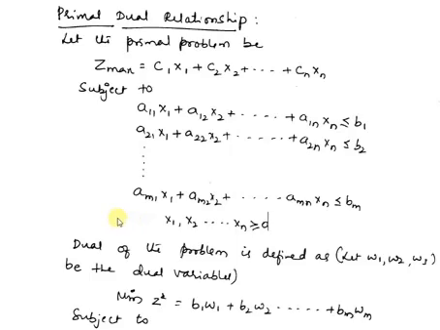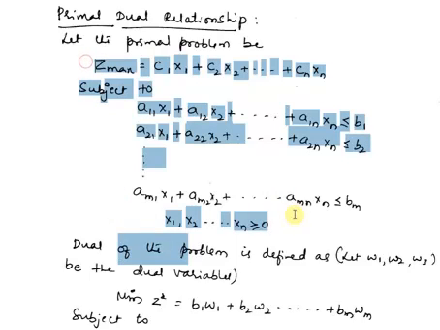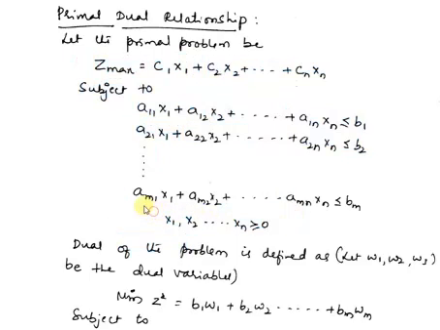Now, this is called the primal problem, which is a maximization problem.